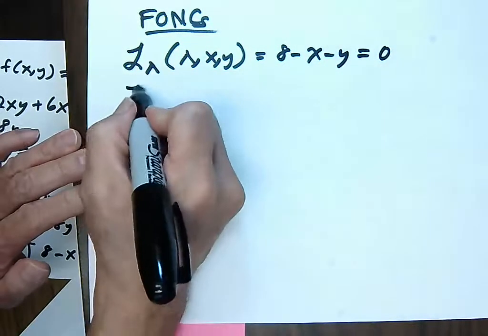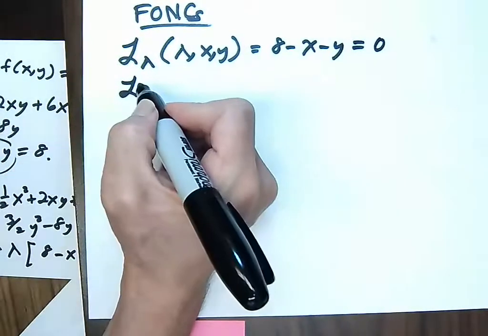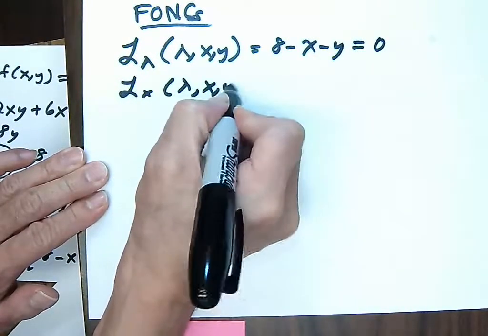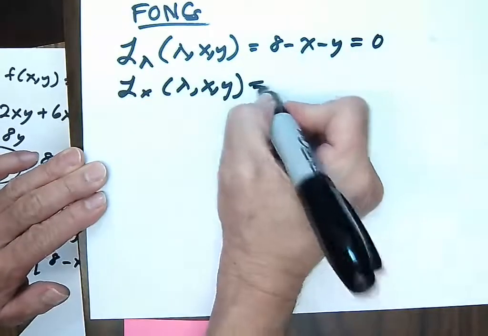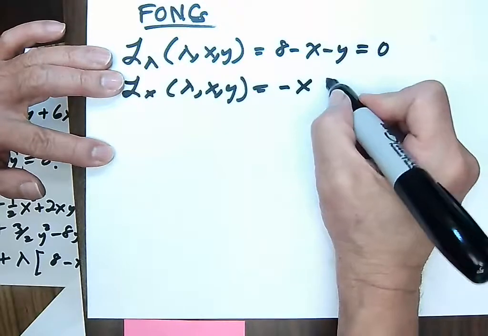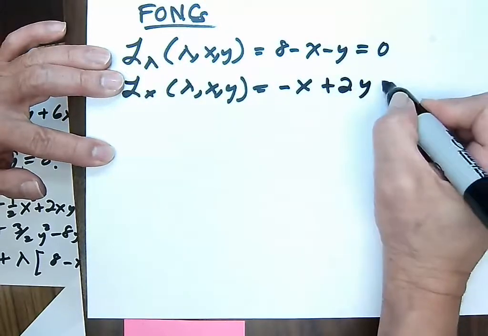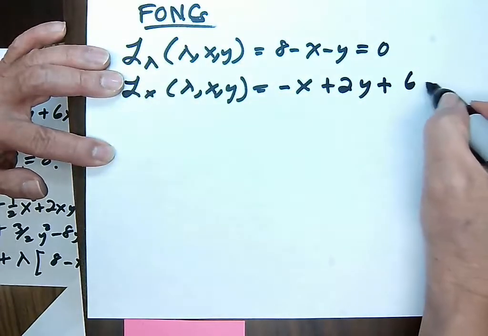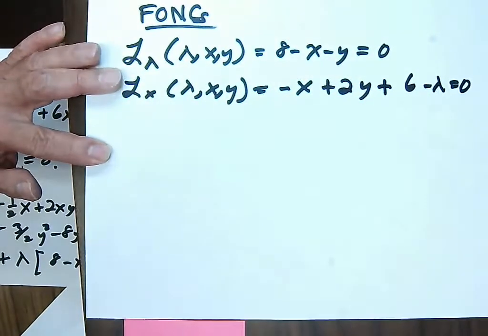We're also going to have the partial of the Lagrangian with respect to the next choice variable x, and it will also be a function of the same variables that the Lagrangian was a function of. And that comes out to be minus x plus 2y plus 6 minus lambda equals 0.